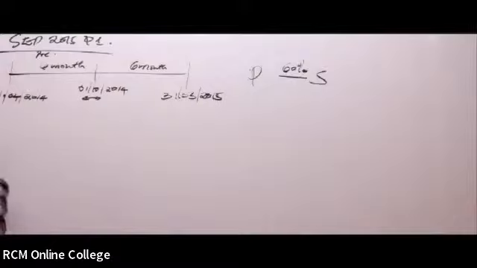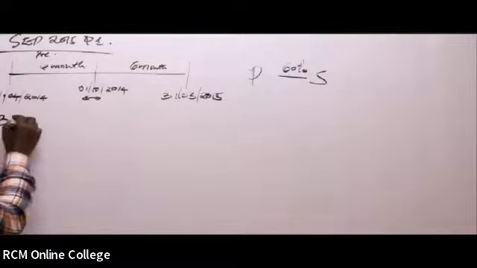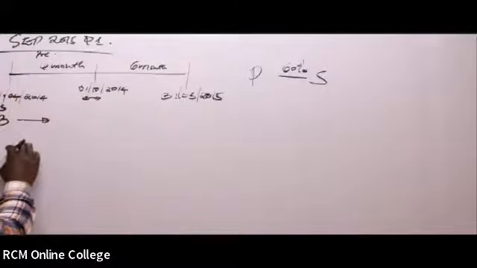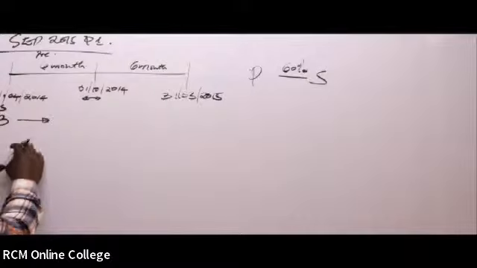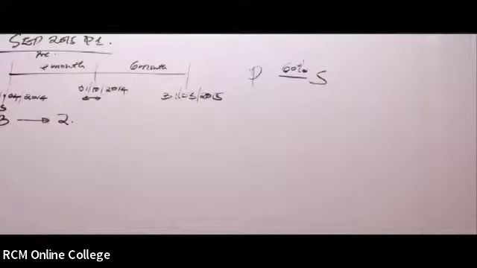So it means for every 3 shares in S, they were getting 2 shares. That's what they're saying there.